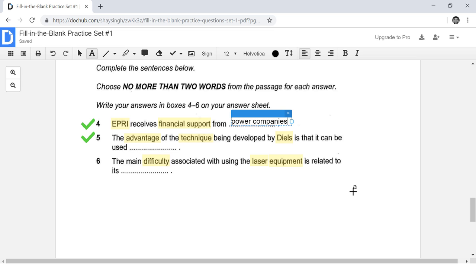Remember, there are 3 reading passages in total. So you can first answer the first reading passage, transfer those answers to your answer sheet at the end of reading passage number 1. Then you can do the questions for reading passage number 2 and then transfer the answers for reading passage number 2 and then repeat the same thing with reading passage number 3. So figure out whatever way works best for you.